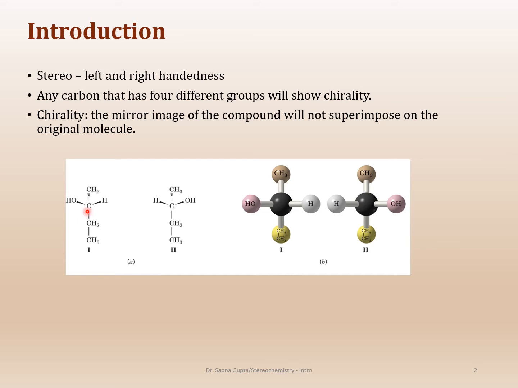Carbon is tetrahedral, don't forget. Because of that, the two molecules are not going to be able to superimpose. That is called chirality. And why does chirality happen? Only because carbon has four different groups and carbon is tetrahedral. So basically, that is chirality.